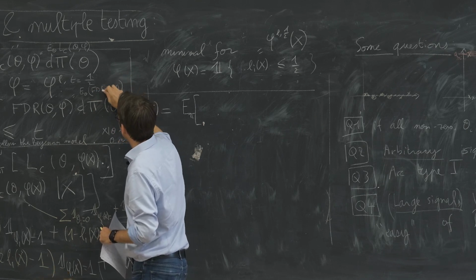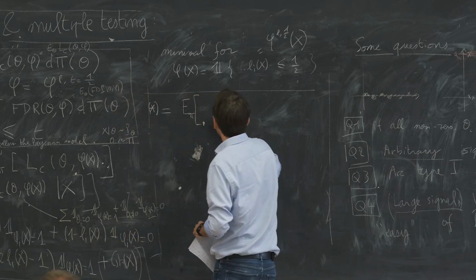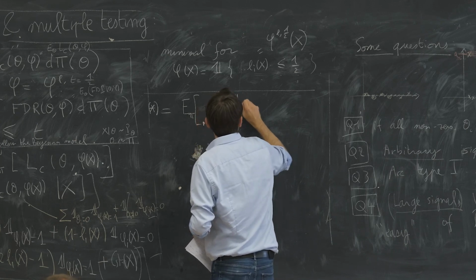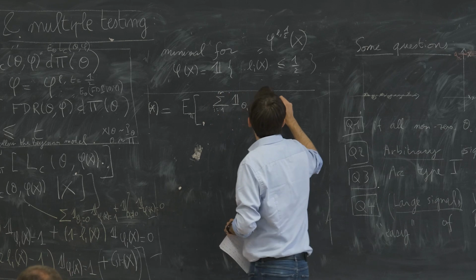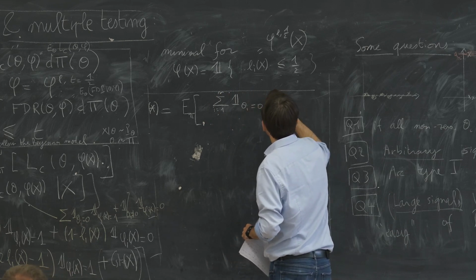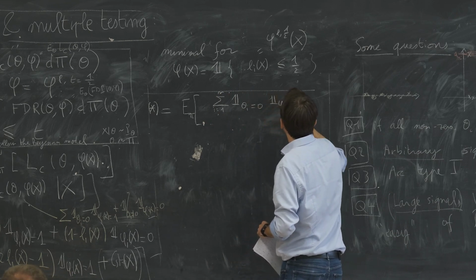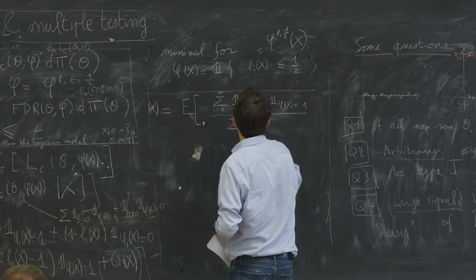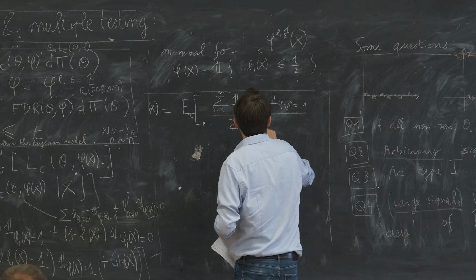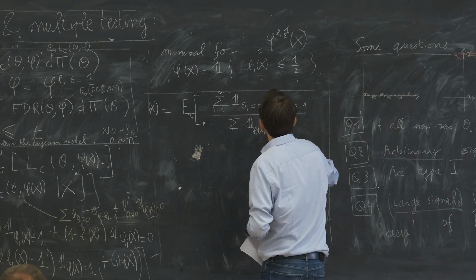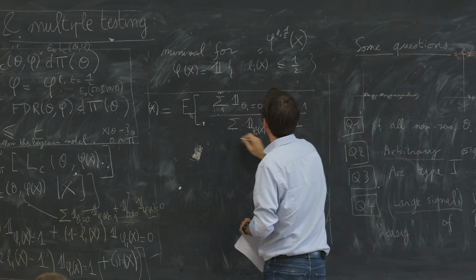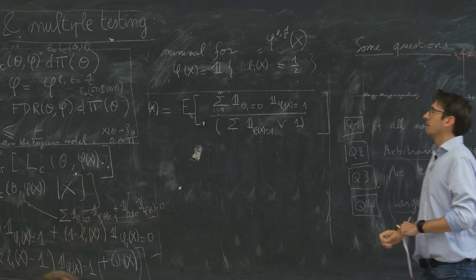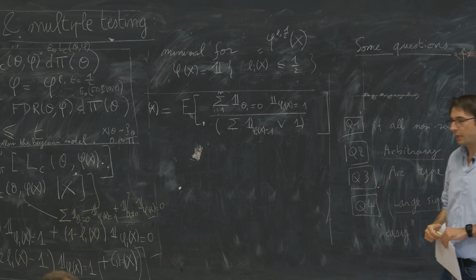The false discovery proportion is the sum over theta I equals 0, so the false positives, where phi I is 1, divided by the total number of discoveries, and I take the sup with 1. Let me do the same trick as before.